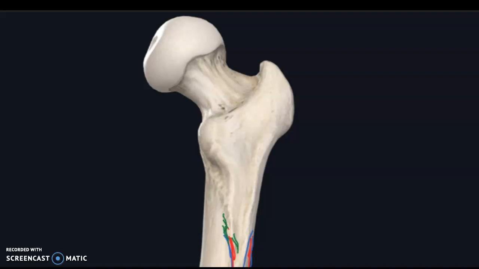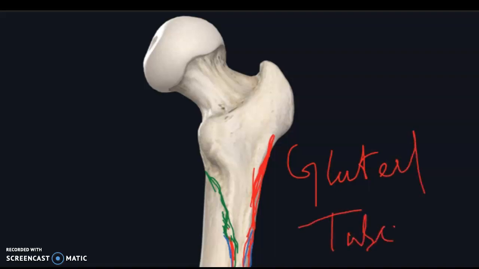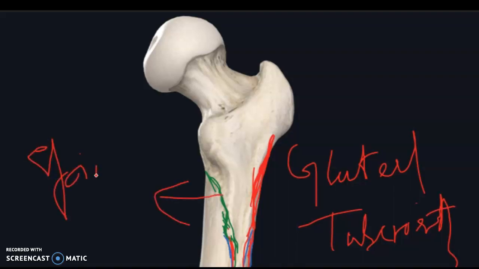The medial lip goes up and joins the spiral line, and the lateral lip also goes up and continues as the gluteal tuberosity. So that's the gluteal tuberosity, and that's the spiral line.